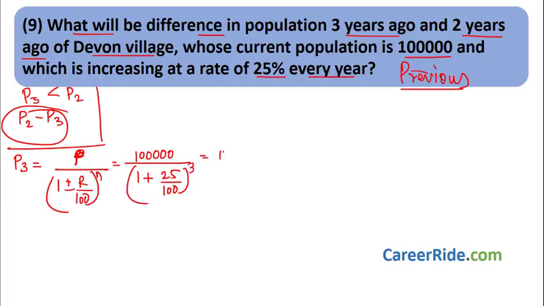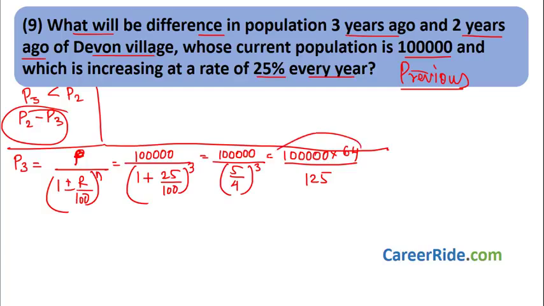That would give us 1 lakh divided by 5 upon 4 cube. That would be 1 lakh into 64 divided by 125. Now this is for the third year population, right?